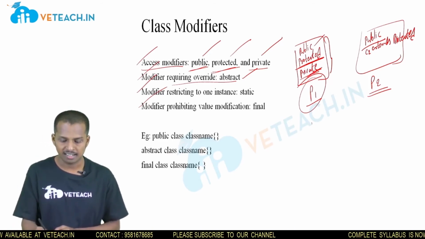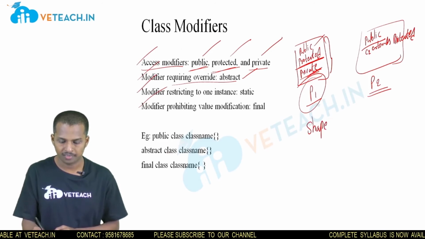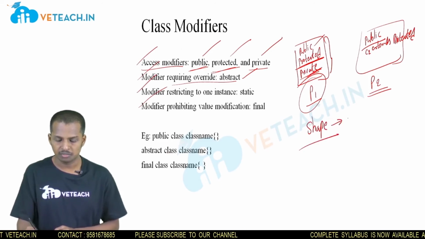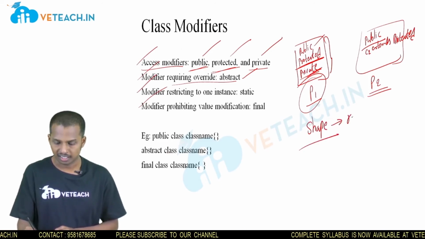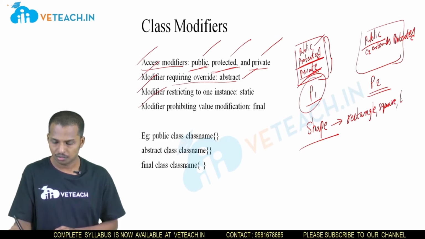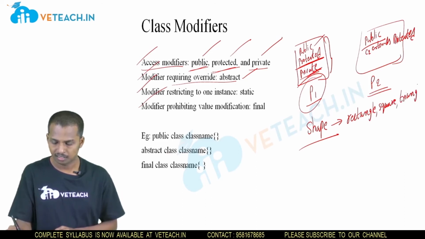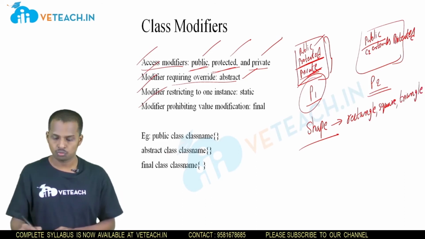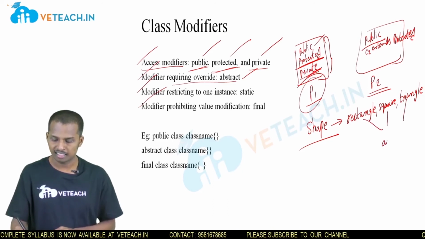If there is a class known as shape, the different shapes that we know are rectangle, square, triangle. In all these three classes, we can calculate area.